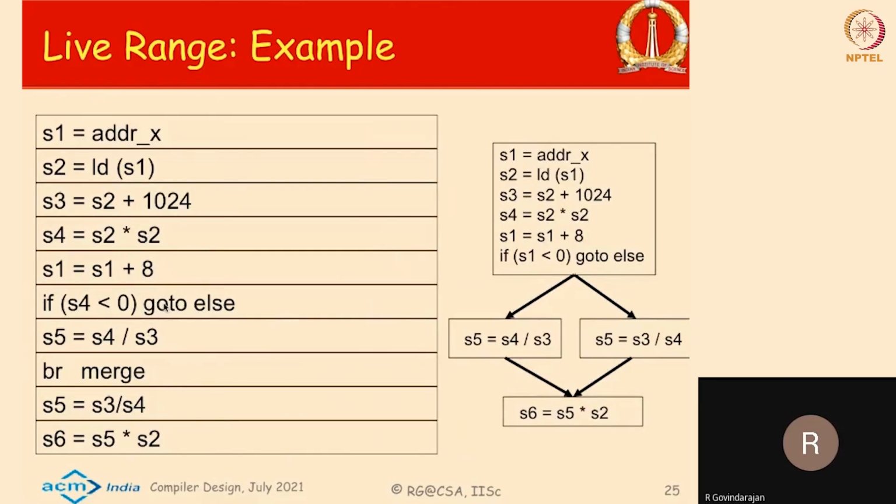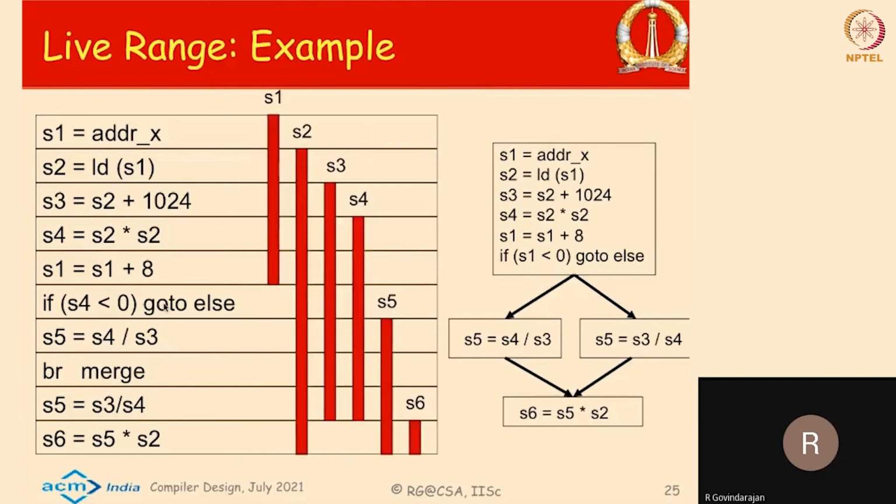So we have seen how to do that. And of course, you're going to see more about how to compute liveness information, how to compute def-use chains, etc. in a subsequent lecture. So I will skip the details. And I will simply say here, for the different variables that we have, S1, S2, S3, S4, S5, these are the live ranges.